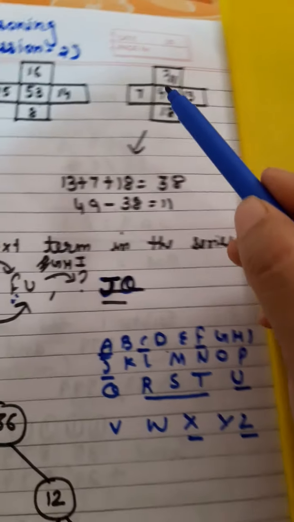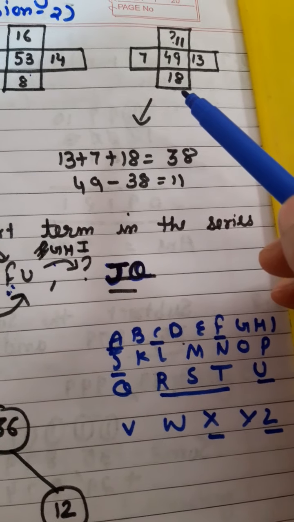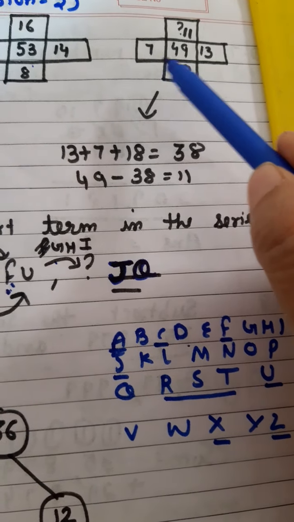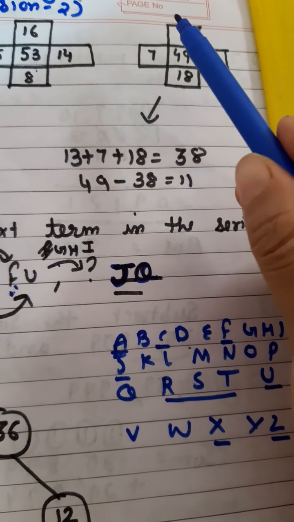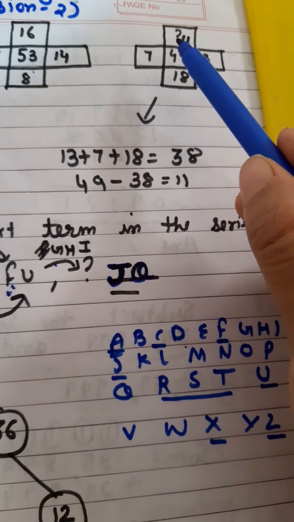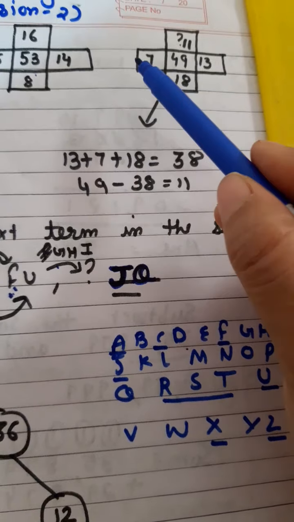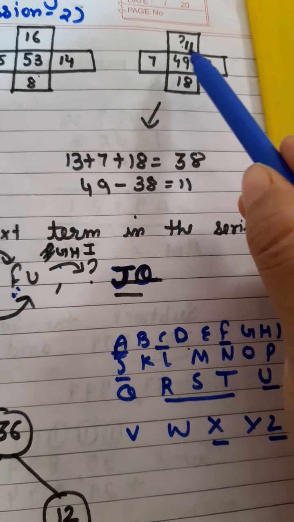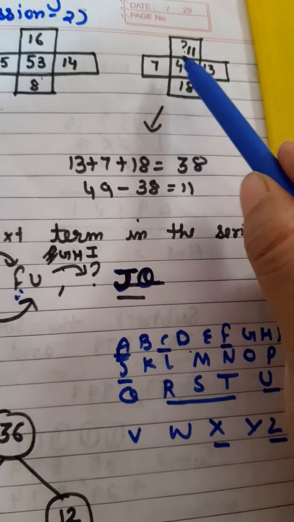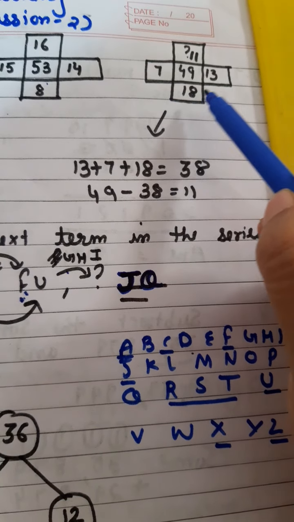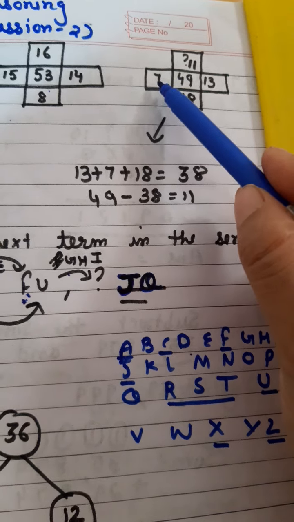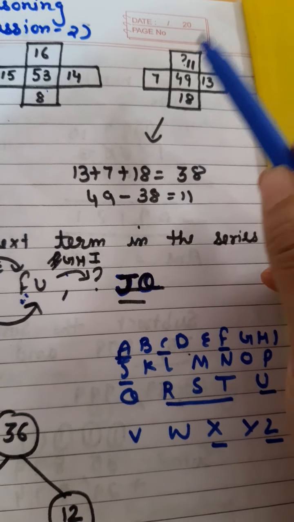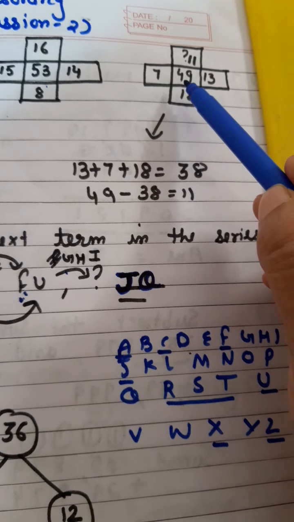Now our task comes in the third pattern. In this pattern, the total sum is given and three of the numbers are given to us, and I have to calculate my fourth number. So see, when the total sum is given, here 49 is the total sum. When the total sum is given and three numbers are given, how can I find the fourth number? By adding the three numbers and subtracting it from the total.